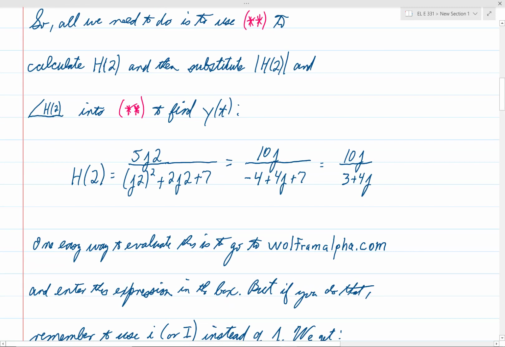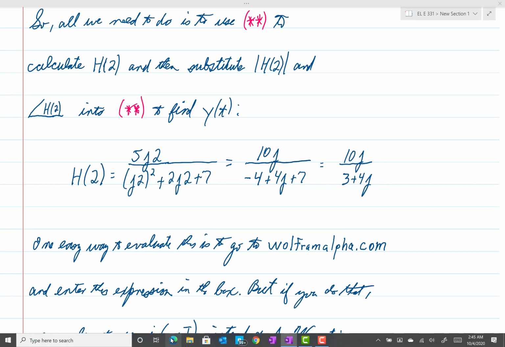We're going to be able to use this website, wolframalpha.com, but we just need to remember to substitute I for j, and that can be lowercase i or uppercase I, it doesn't matter. So 10j over 3 plus 4j. How will this go?